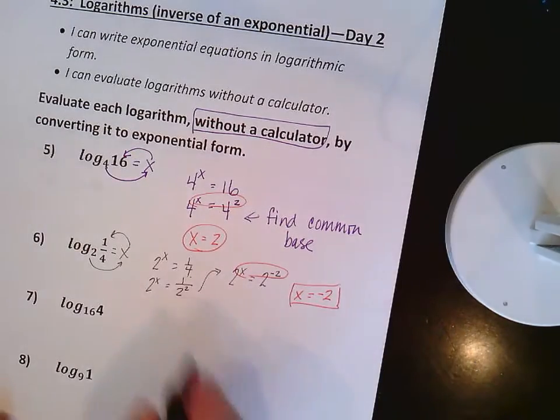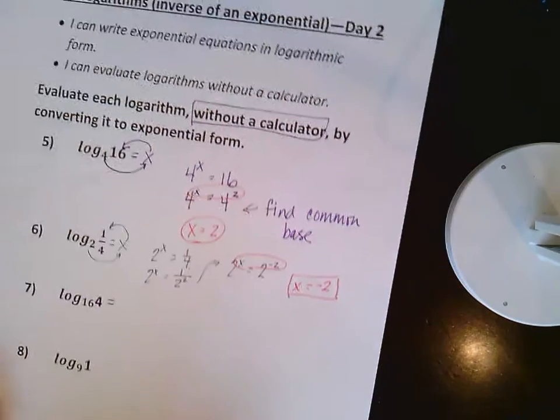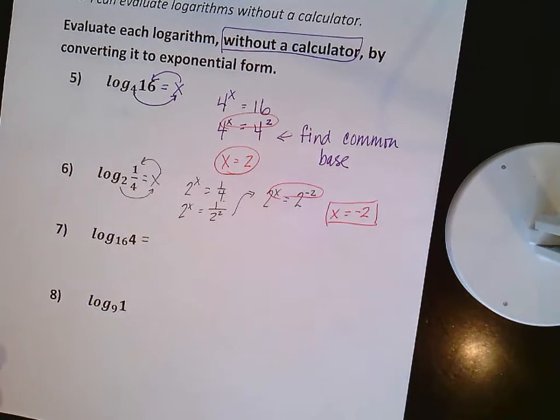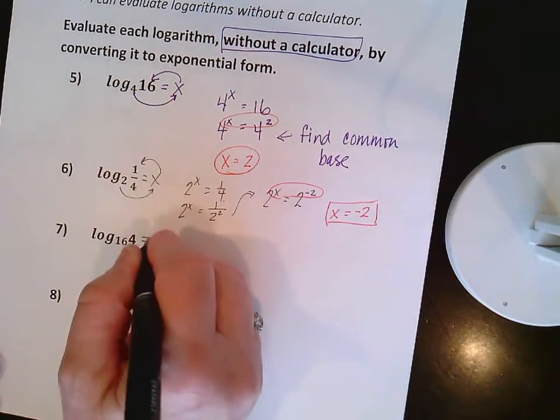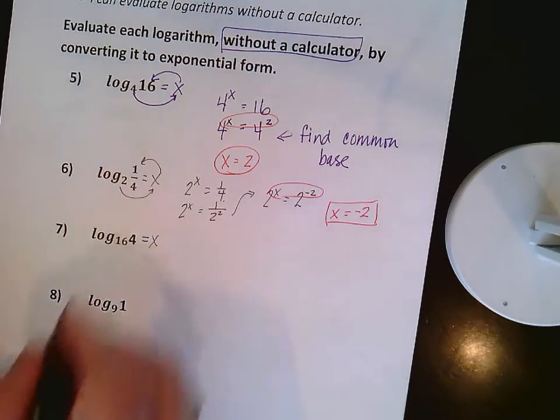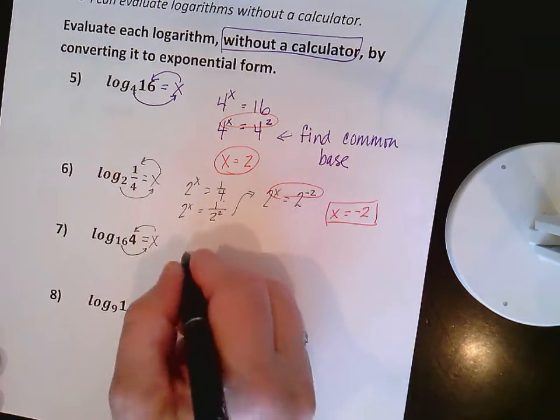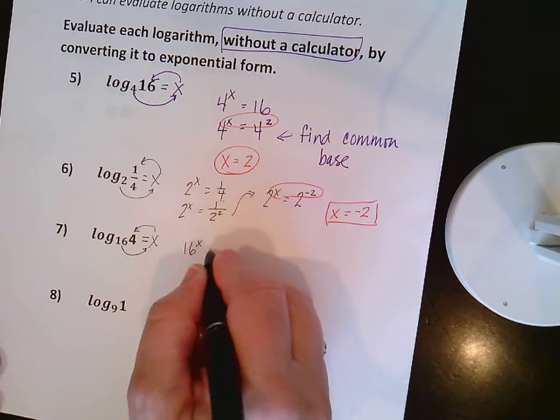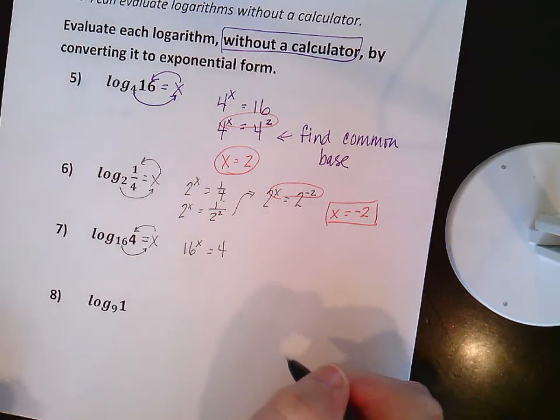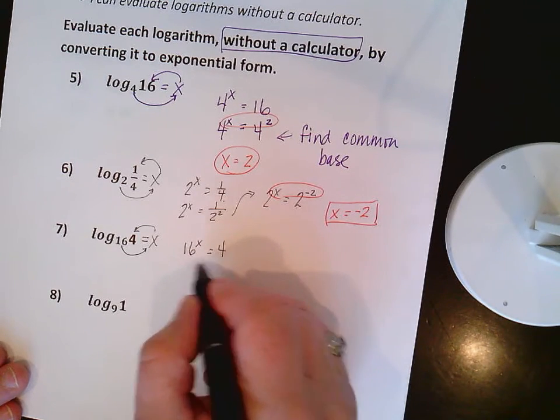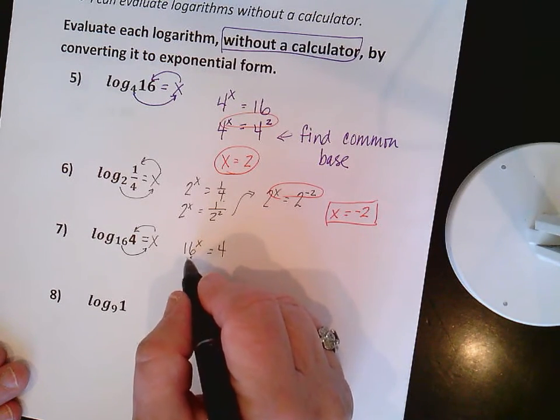And remember, the good thing about the videos is you can always pause and rewind until it makes sense to you. Okay, again, first set it equal to x. The base to the x equals the 4, so I'm going to take 16 to the x equals 4. Now, when I'm looking for a common base, if I rewrite 16 as a base 4, that will work.